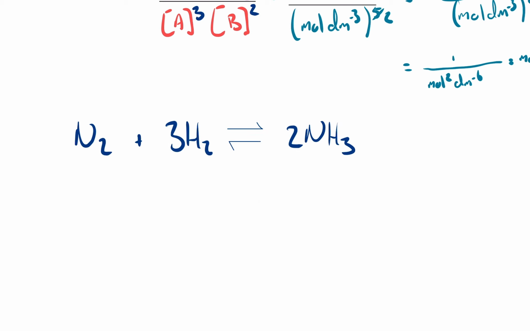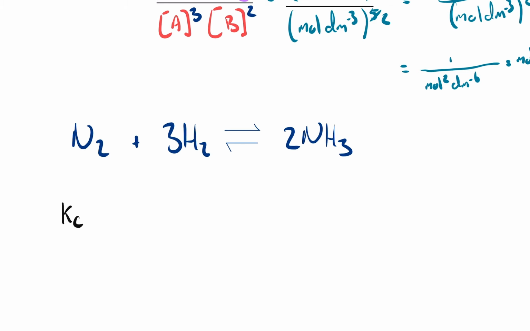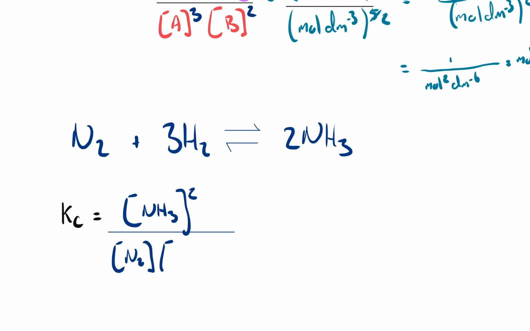Again, Kc equals our concentration of our product, which is NH3, squared because of our 2 in front, all over our concentration of N2 multiplied by our concentration of H2 to the power of 3.